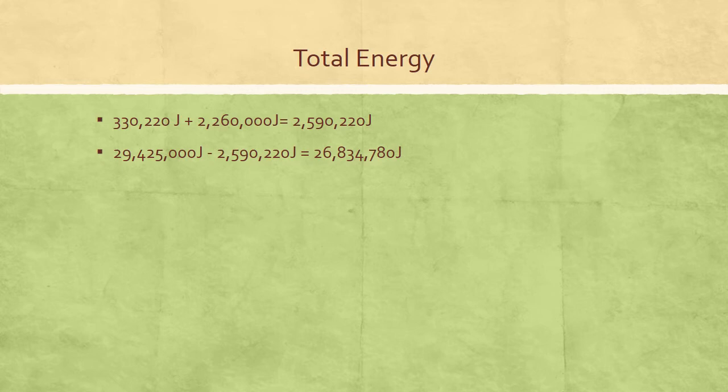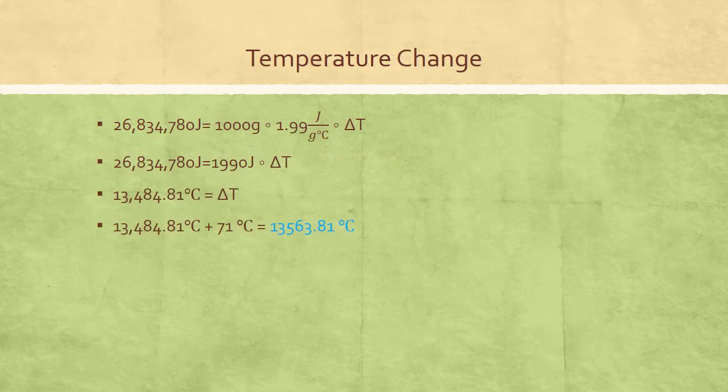Now the next step is to use the energy just found as our Q, and for specific heat capacity we're going to use 1.99 because that's the specific heat capacity of water in the gas state. We want to see how far the temperature reaches in the gas state, so we use 1.99, and we leave delta T because that's our variable we want to solve.